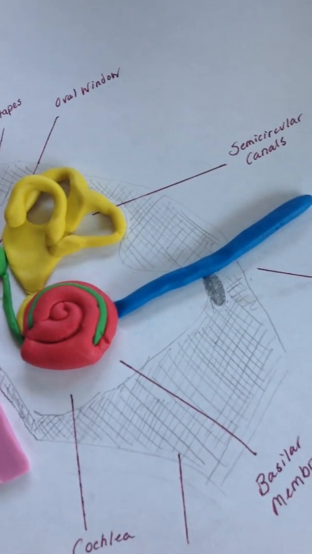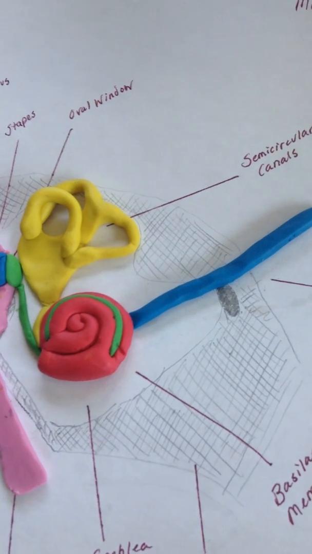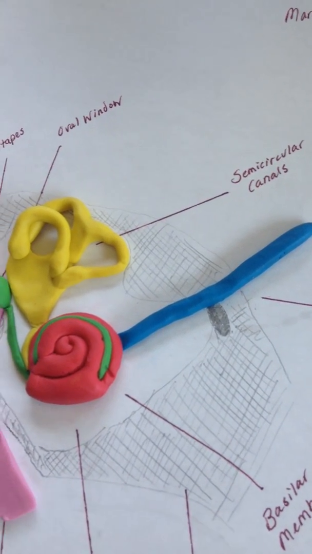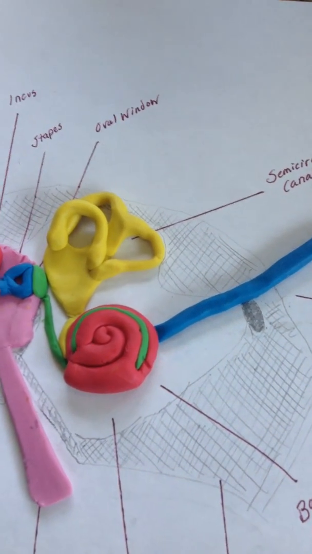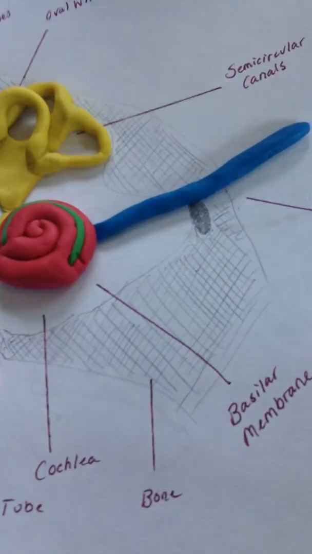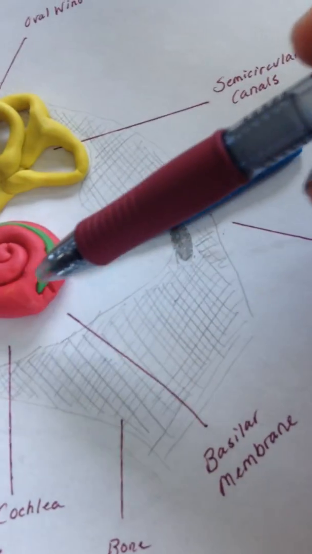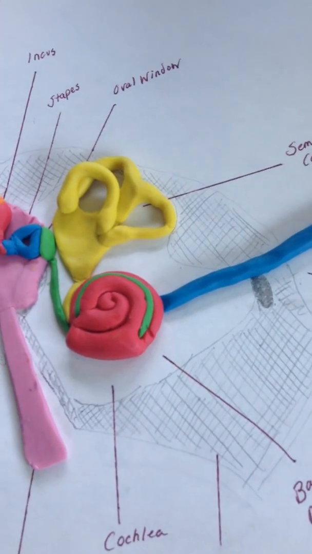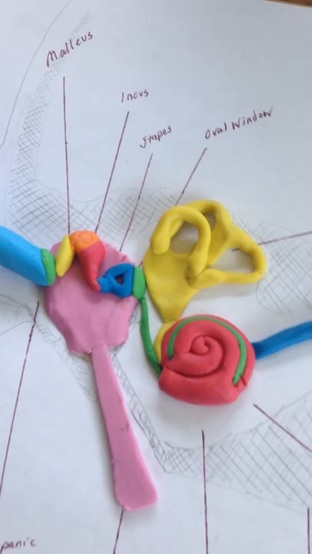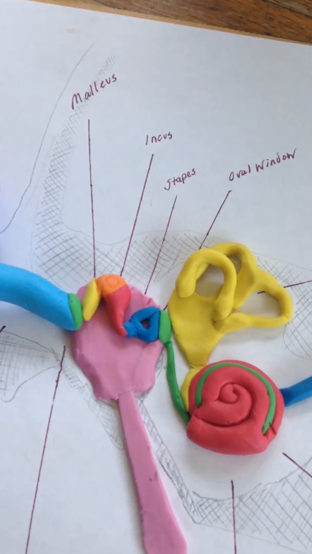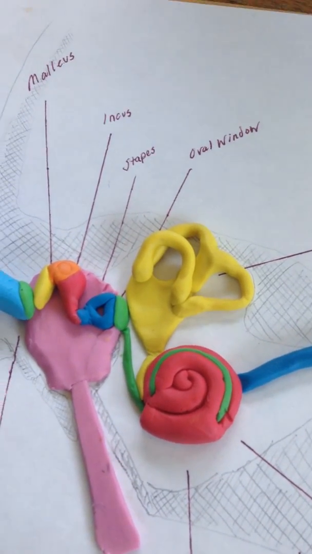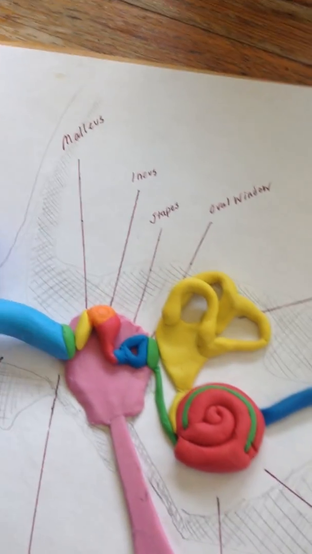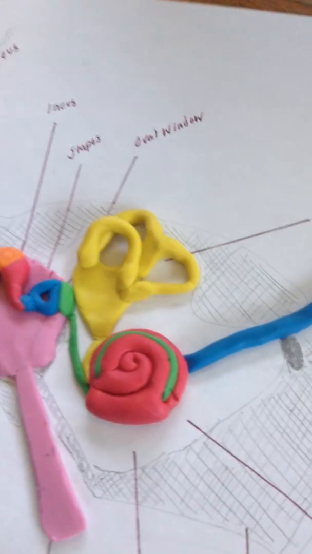Now, as the fluid in the scala vestibuli is displaced, it also causes the basilar membrane, which is a small membrane inside of the cochlea that separates the scala media from the scala tympani, to vibrate, and the vibrations of the basilar membrane create something called a traveling wave.